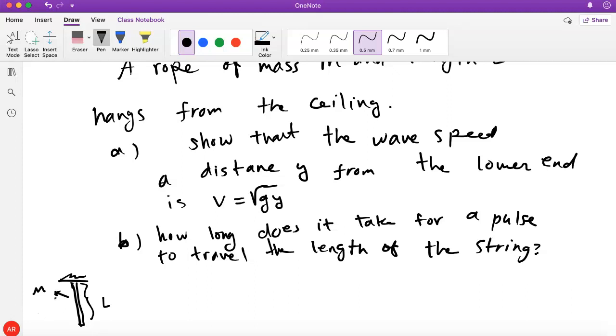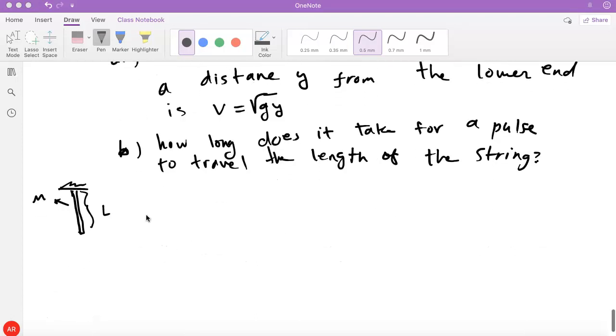So part A says show that the speed of the wave, a distance y from the lower end, somewhere here, where this distance is y from the lower end, the speed that a wave or a pulse travels at that point is the square root of g times y.